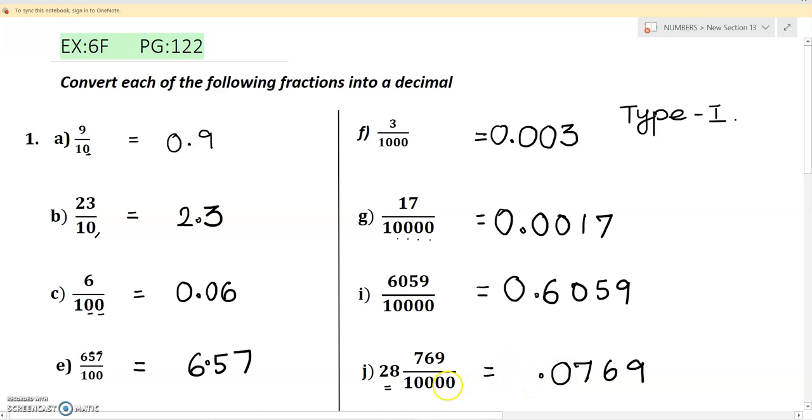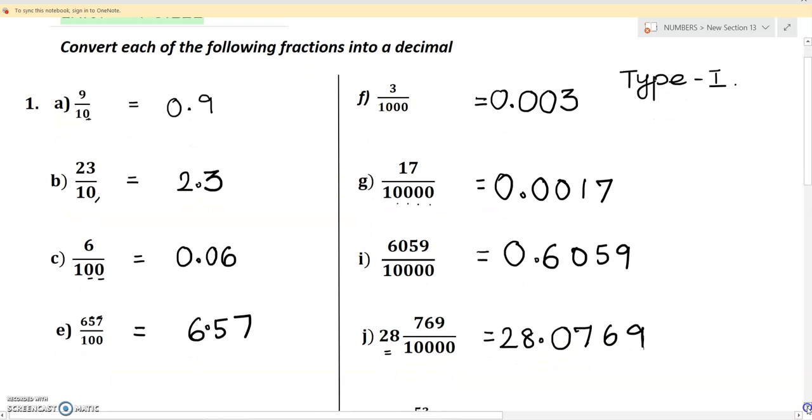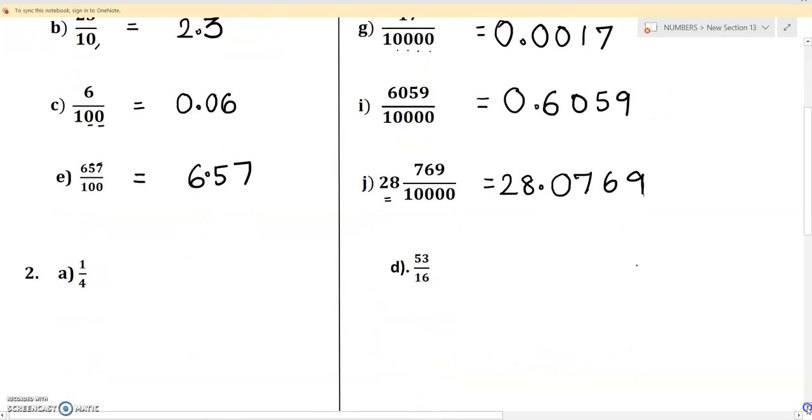So in the previous exercise we learned that after the decimal point the digits are called the decimal part, and before the point, that is the left side, it is the whole part. Here we have a whole number that we are going to write here. So 28 and 769 by 10,000 is nothing but 28.0769.